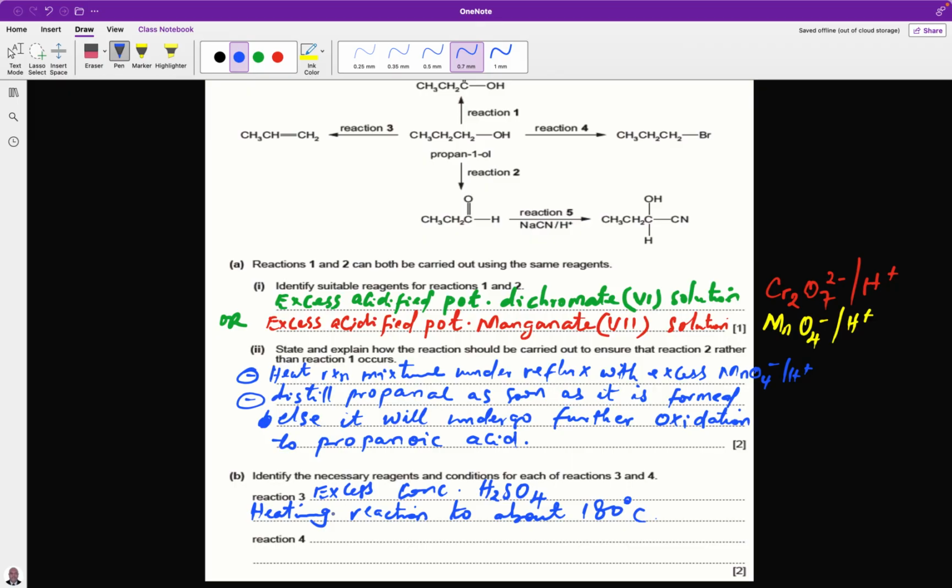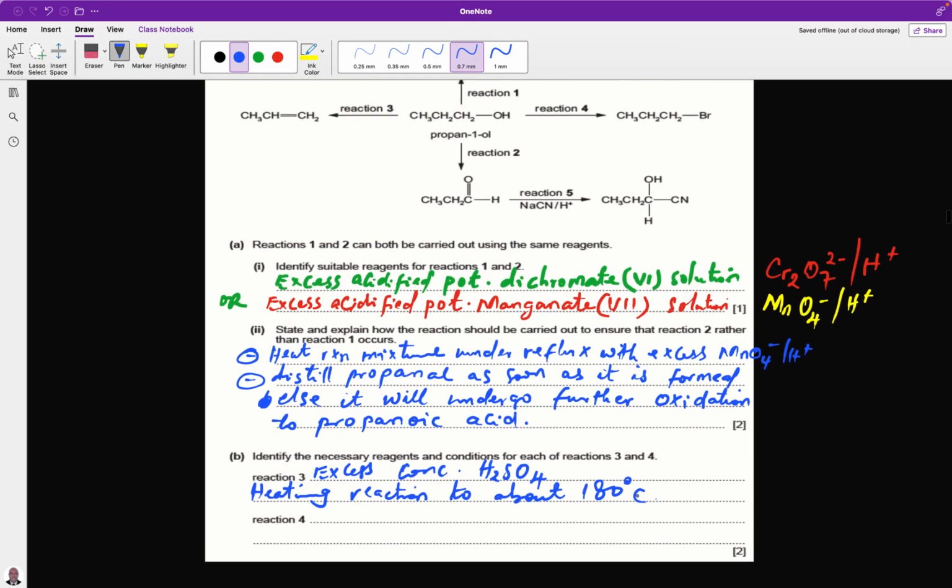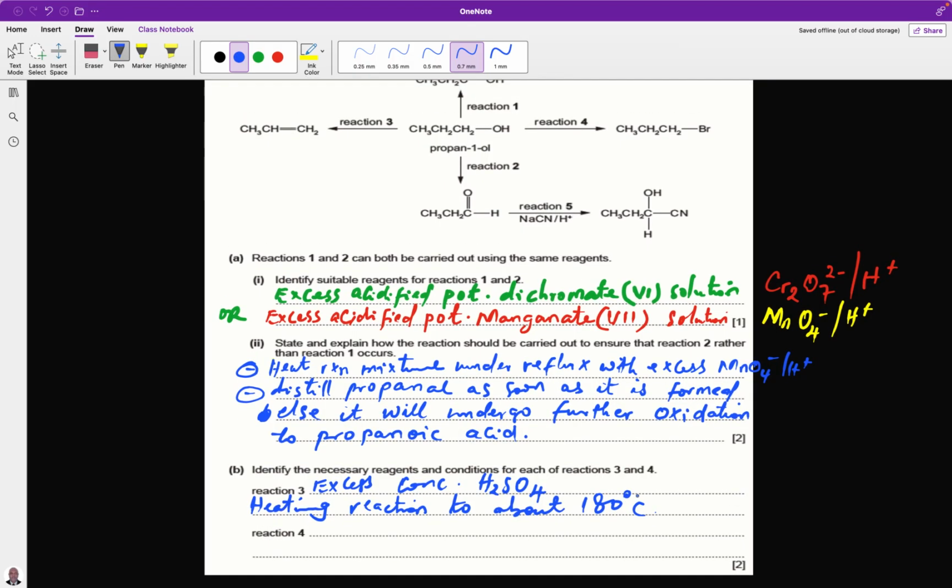So reaction 3 is a dehydration reaction of an alcohol: we heat the alcohol with excess concentrated sulfuric acid to a temperature of about 180 degrees Celsius. Then reaction 4 will involve halogenation of alcohol to form a halogenoalkane.